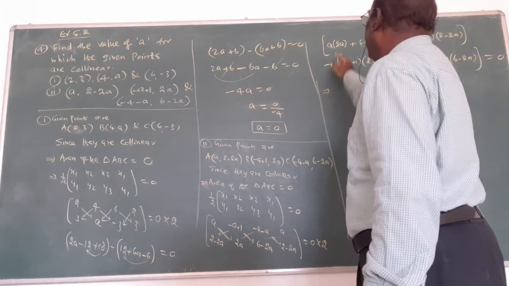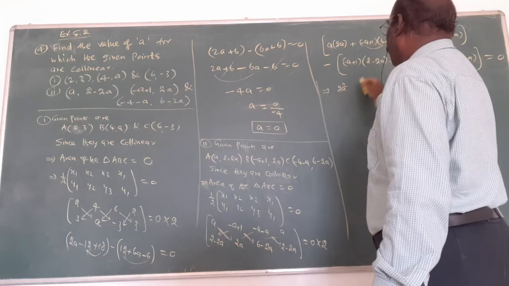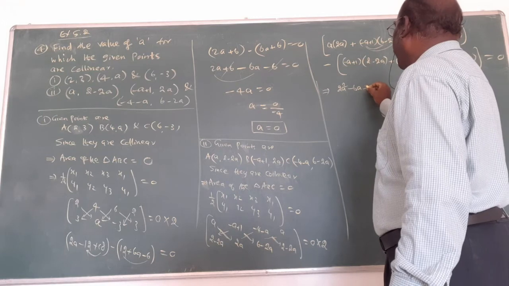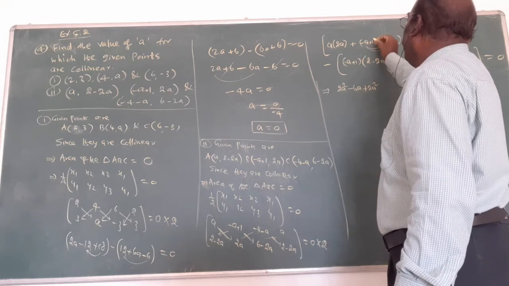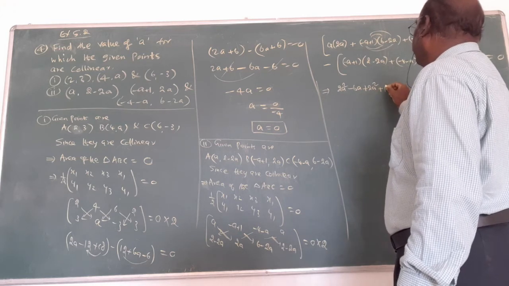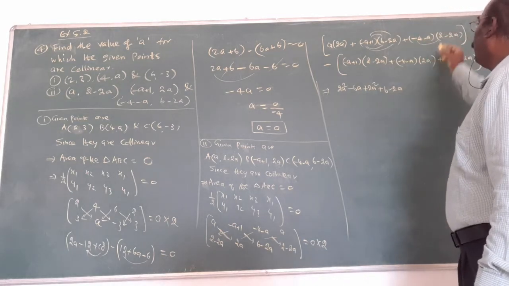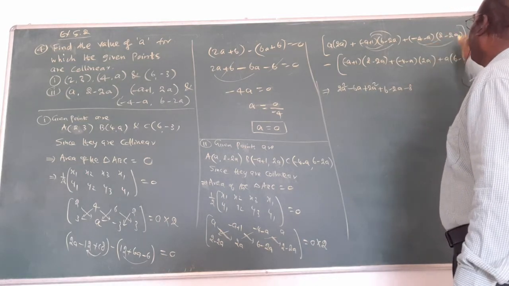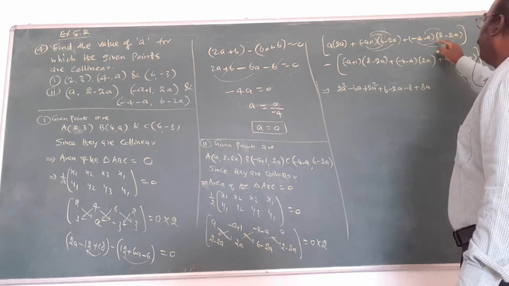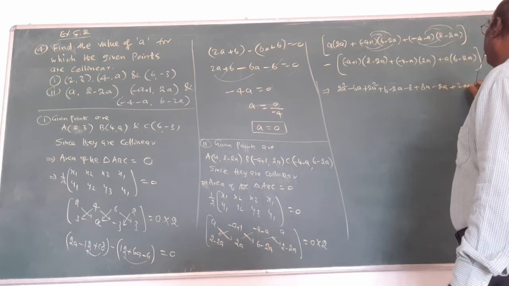It implies a into 2a gives 2a square. Then multiply: minus 6a plus 2a square. Next 1 into 6, 1 into minus 2a. Next minus 4 into 2 is minus 8, plus 8a. Next minus a into 2 minus 2a, here plus 2a square.